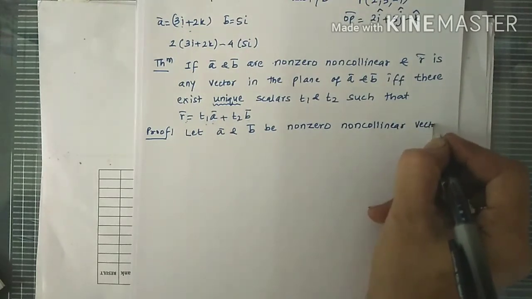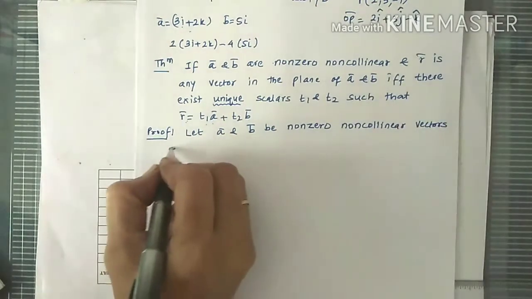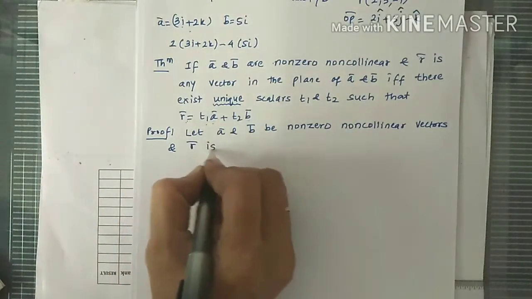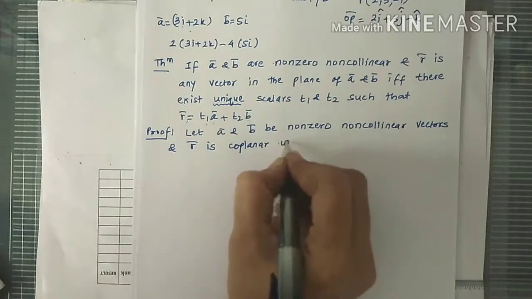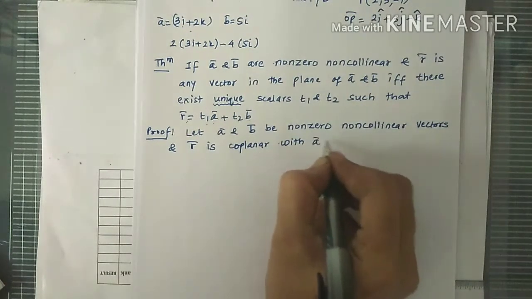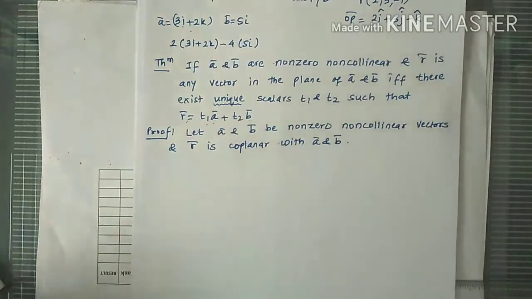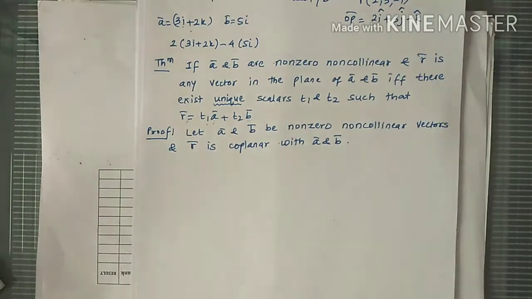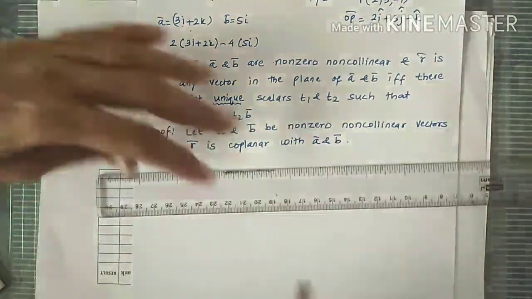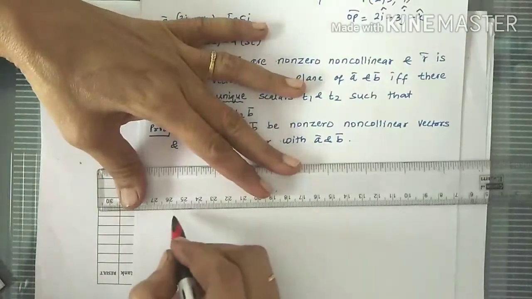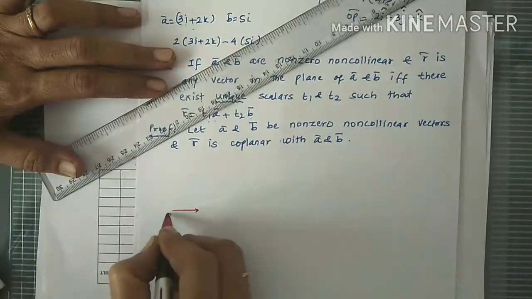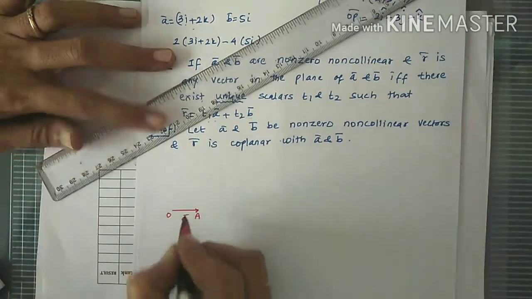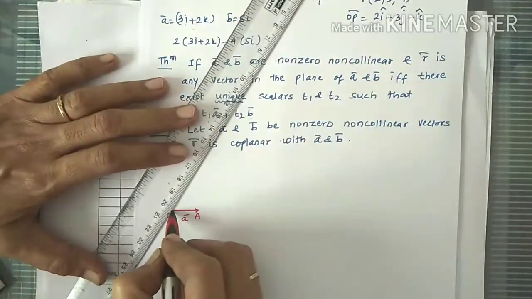So a bar and b bar are non-zero non-collinear vectors, and r bar is coplanar with a bar and b bar. Now we can take the initial point of all three vectors the same. So let's take the initial point as O. Let OA bar be a bar, and let OB bar be b bar.